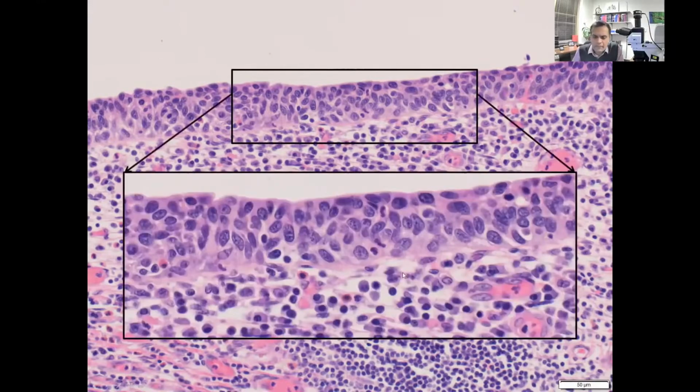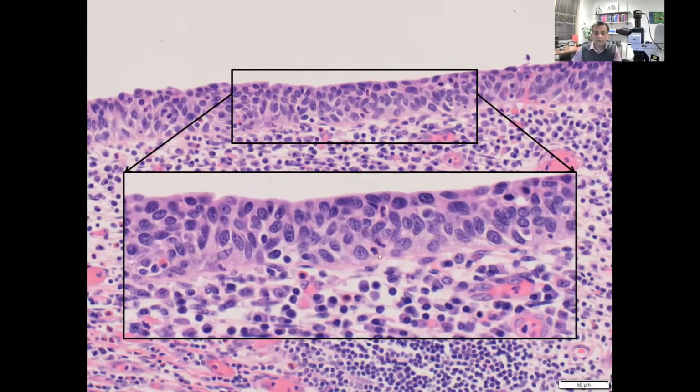So you will see that this cellular layer obviously is not thickened, but then you have enlargement of the nuclei, you have coarse chromatin, and you also have overlapping of the nuclei. So that looks suspicious for dysplasia. It's not really like slam dunk CIS, but it looks suspicious for it.